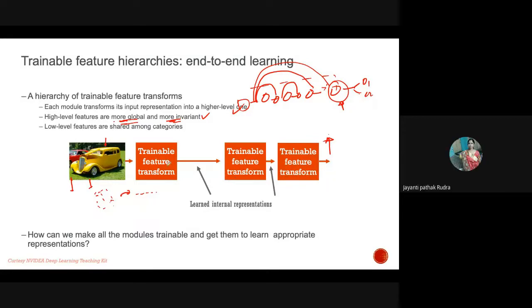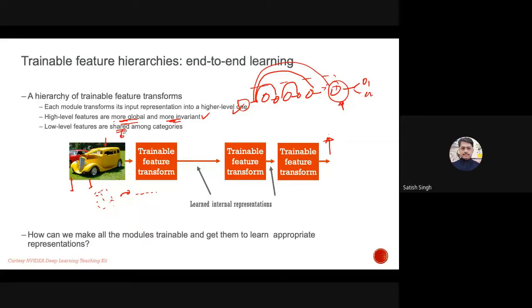Okay. In the earlier layers you will get low level features. As we move down the network, our level of abstraction increases, and high level features will be obtained at the last layer. Low level features are shared among the categories.